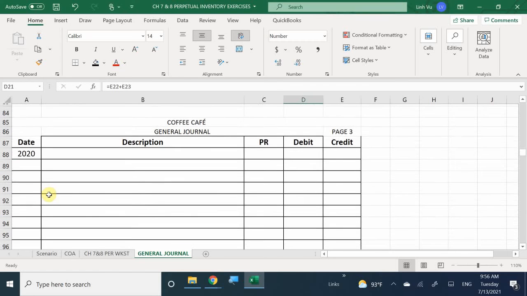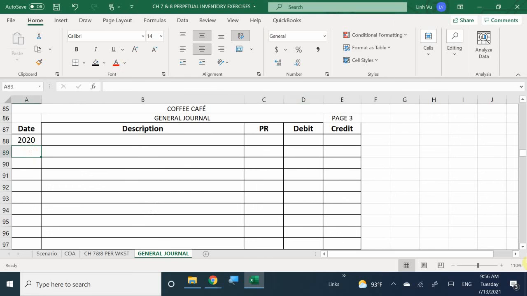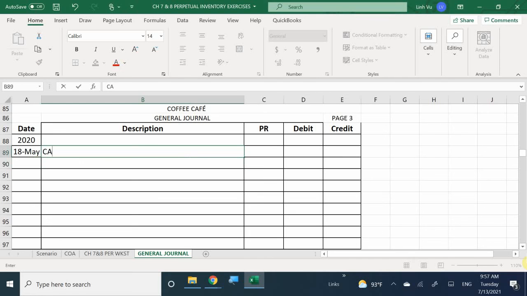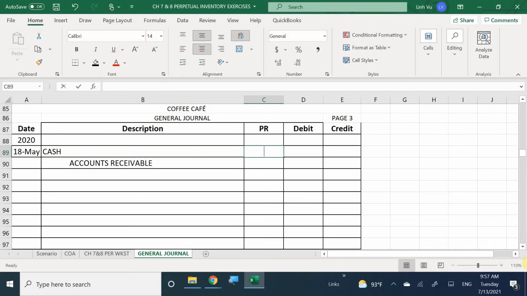So with that being said, we're going to be moving on to our next journal here. It is May 18. What did we receive? How did we get paid? We were paid in cash. And because we are reducing what they owe me, we're going to credit my accounts receivable for the $216.50.